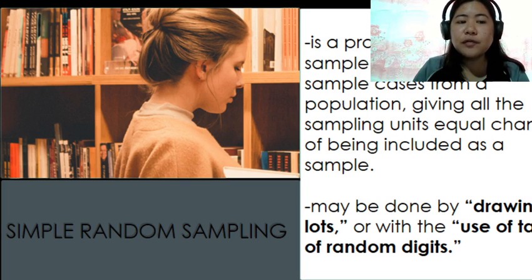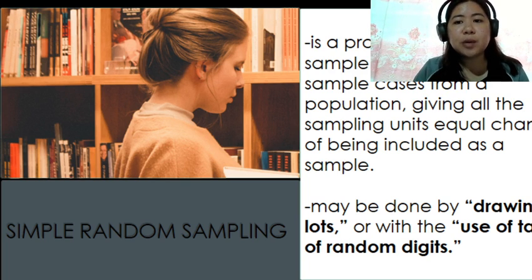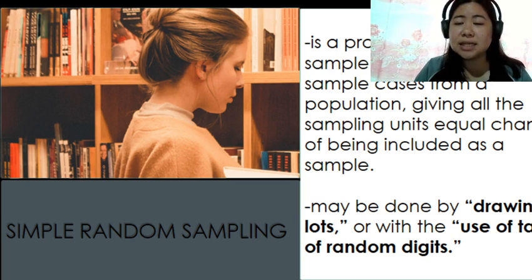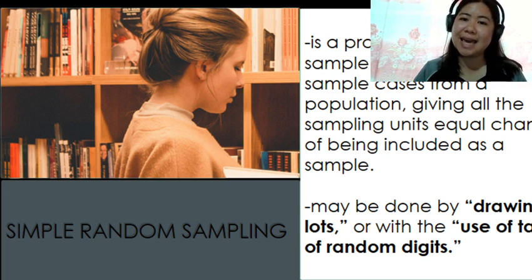For probability sampling, we have simple random sampling and systematic sampling with a random start. But of course, we will start by discussing simple random sampling.